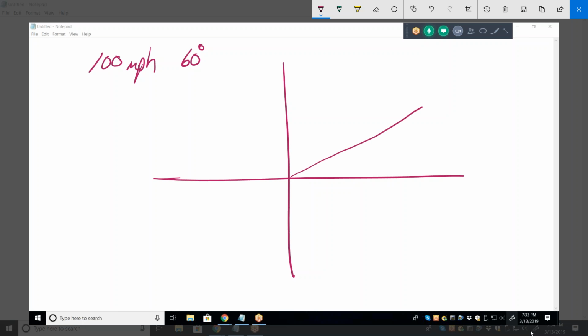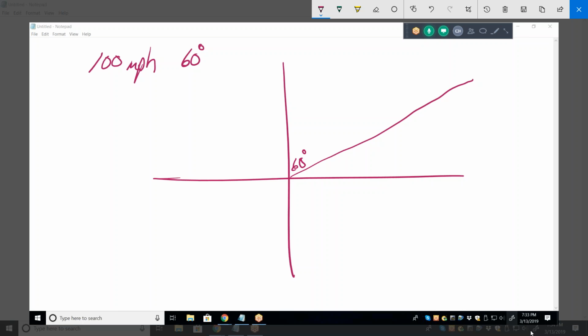So 30 degrees? Well, it depends on what your reference line is. Usually when you're talking airplanes, everything is based on north. You said a bearing of 60 degrees, just that? Okay, so it's clockwise if it's not specified.